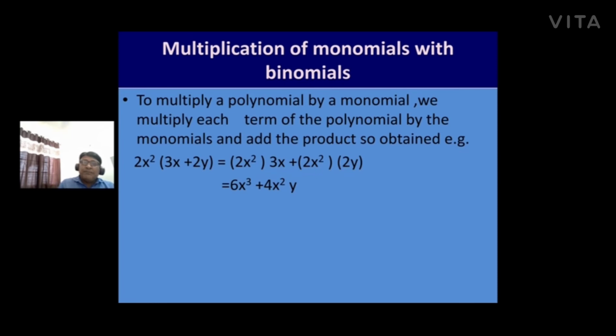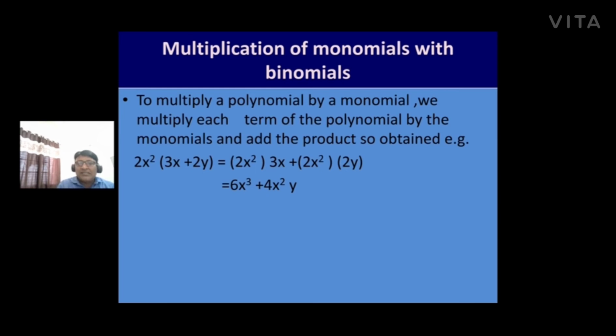To multiply a monomial with a binomial, we multiply each term of the binomial by the monomial and add the products so obtained. For example, if we want to multiply 2x square with 3x plus 2y, multiply each term of 3x plus 2y with 2x square.